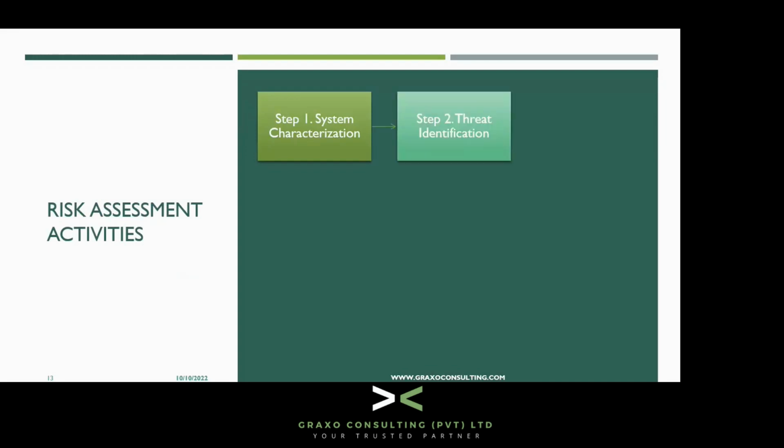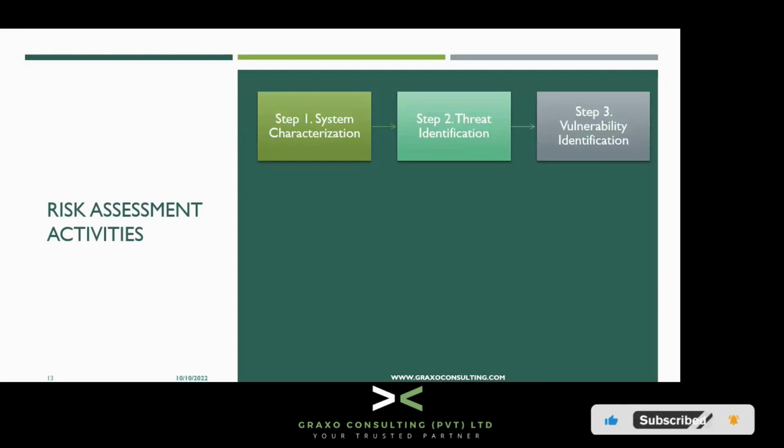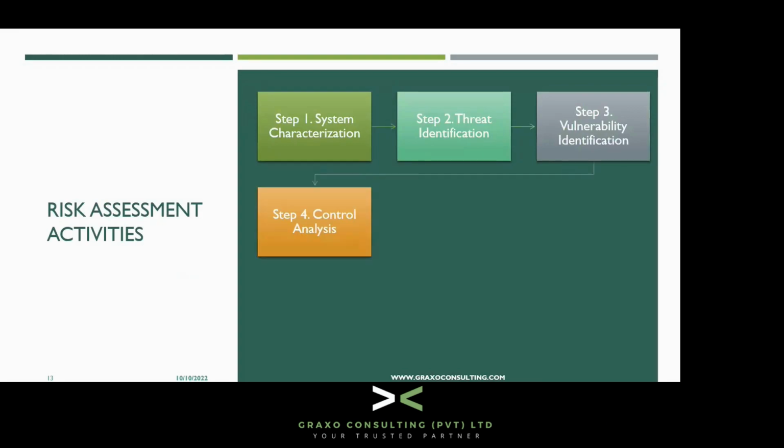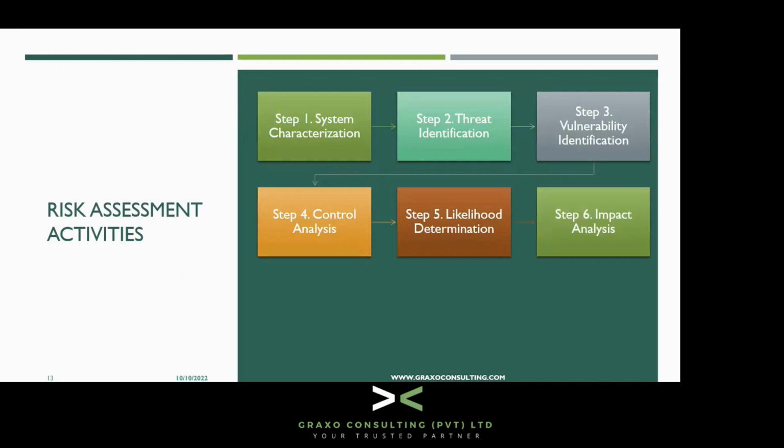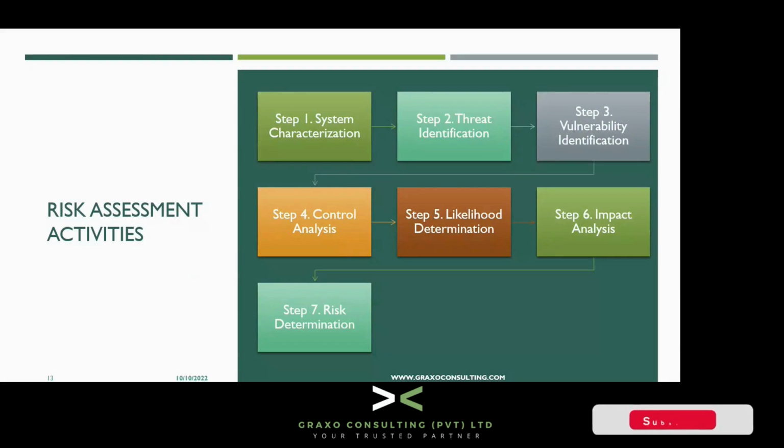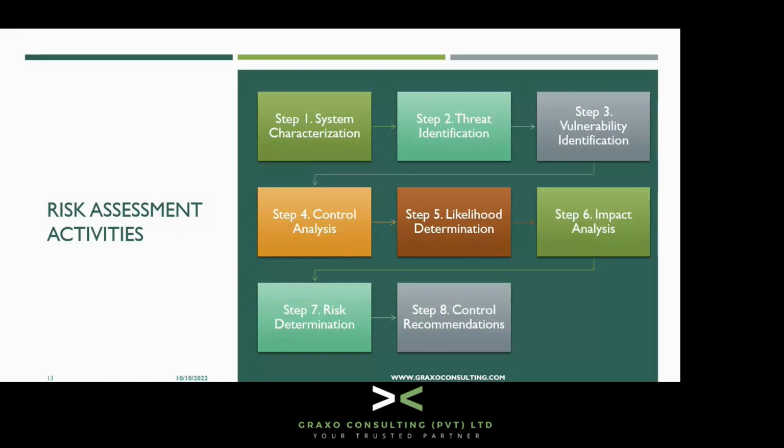In step two, we identify the threats. In step three, we identify vulnerabilities, or the weaknesses in the system. Then we analyze the controls that are already applied. Then we look at likelihood, then impact, and once the likelihood and impact analysis has been done, we can determine the risk.